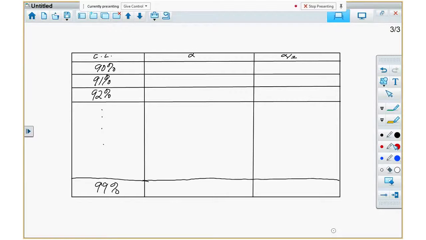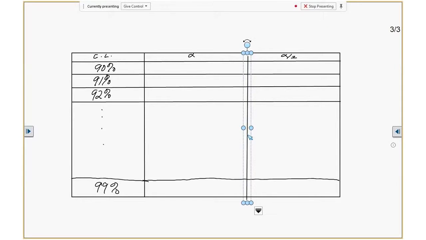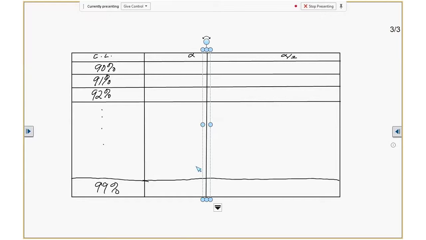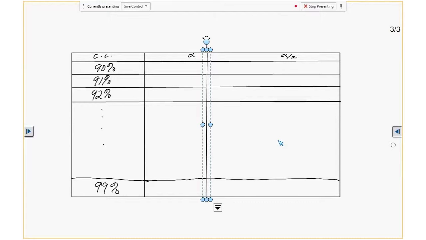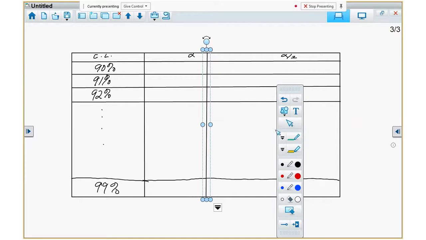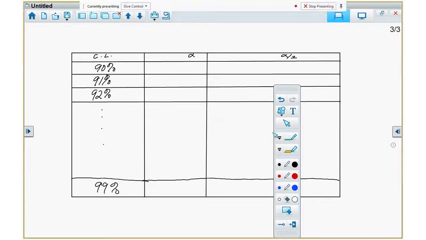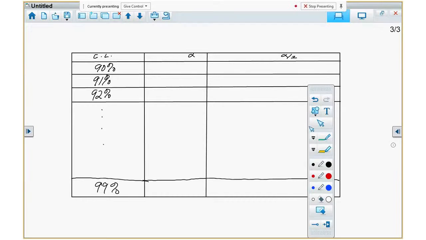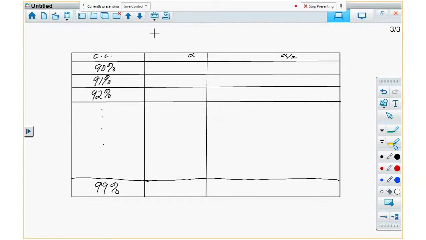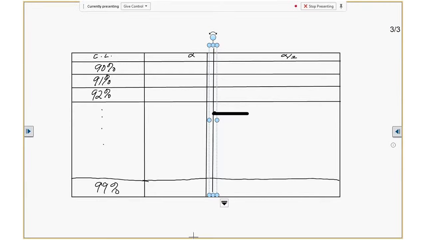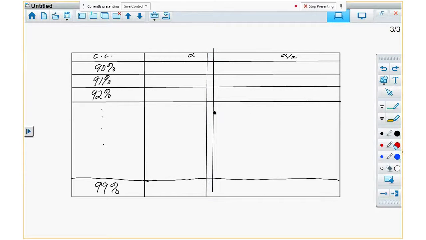Actually, we could take it one more step. Remember this training now.